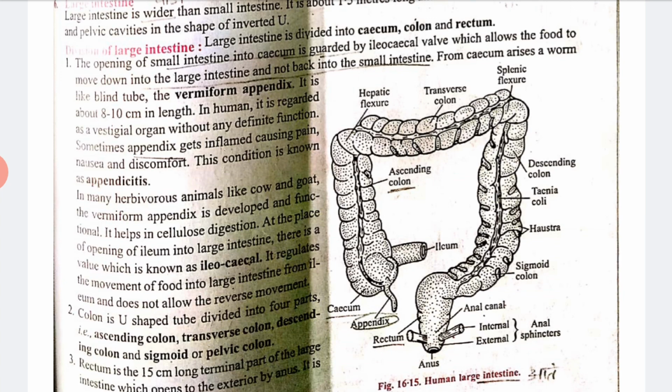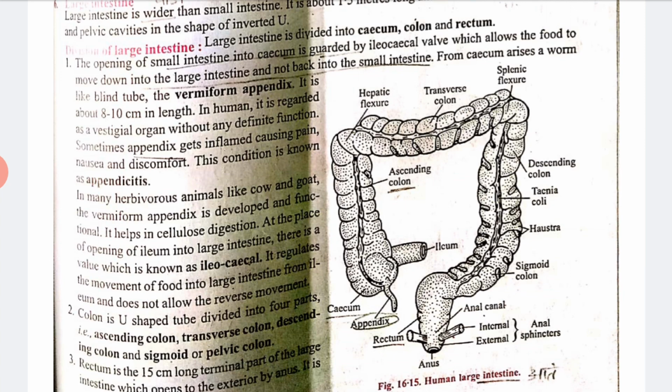Clear? Now, in many herbivorous animals like cow and goat, the vermiform appendix is developed and functional, and it helps in cellulose digestion. At the place of the opening of the ileum into the large intestine, there is a valve known as the ileocaecal valve.